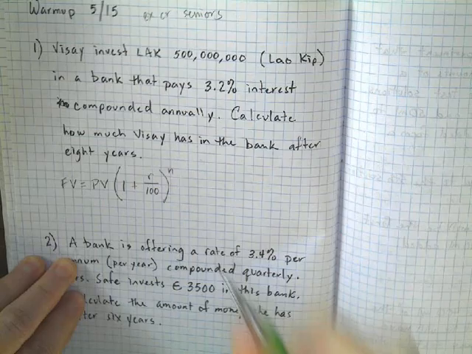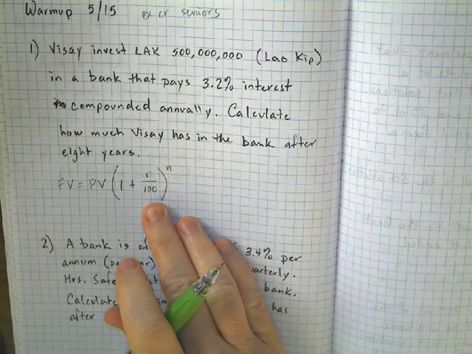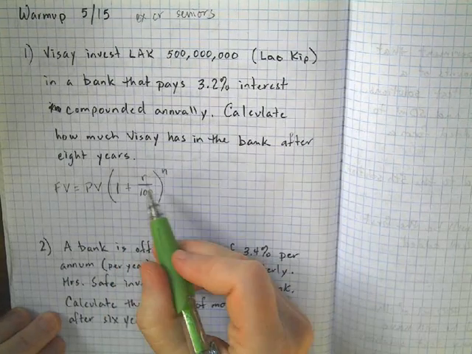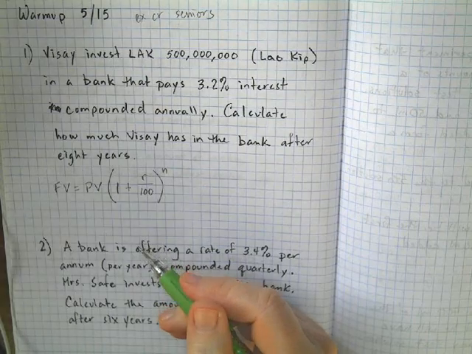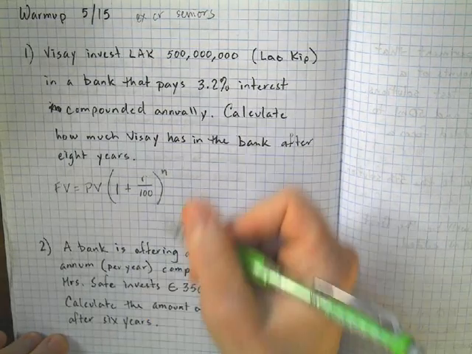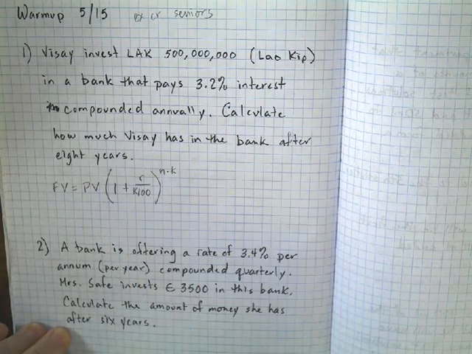That's when it's compounded annually. This formula changes when it's compounded more frequently. So if you're given an annual rate, but it's compounded k number of times, then this would change to n times k, and then k under here as well, 100k.